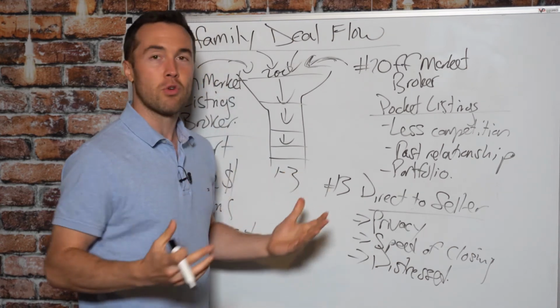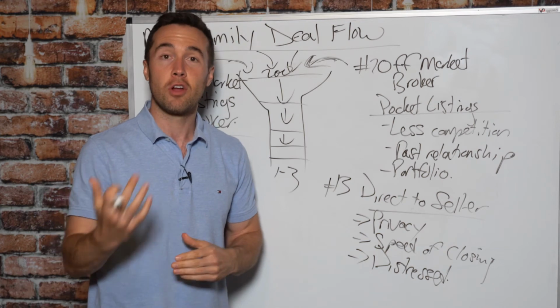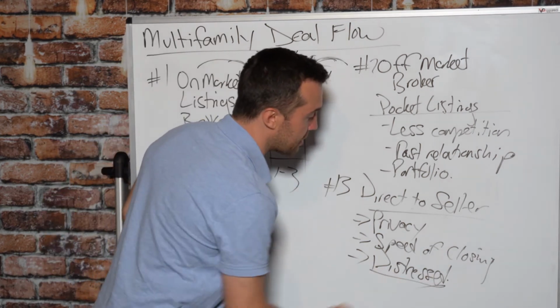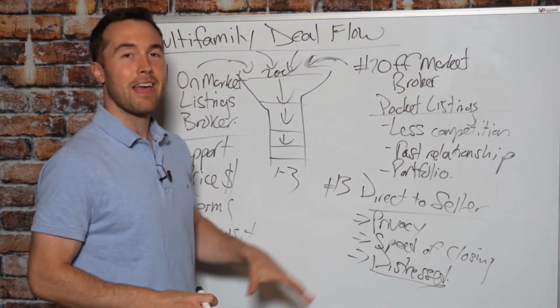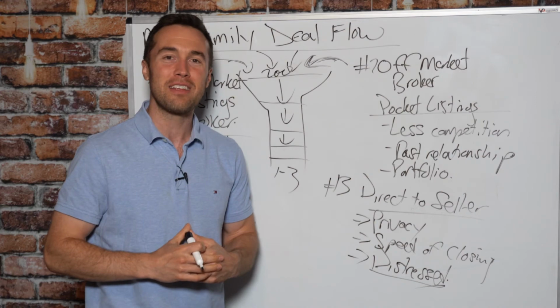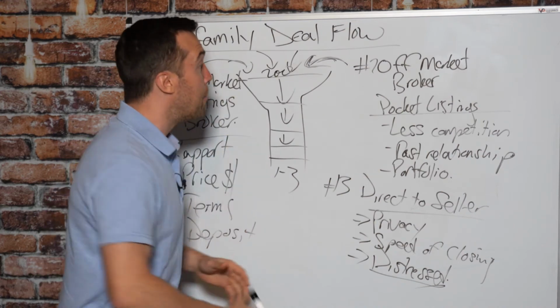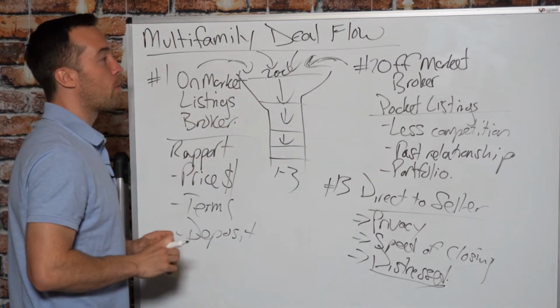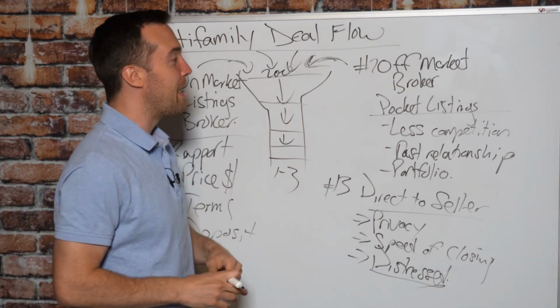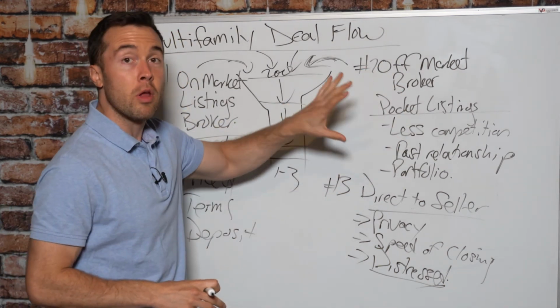Maybe there was a catastrophic event at the property, such as a large fire, and they're having insurance issues, all sorts of reasons. This would be a distressed seller situation, and in that case, that seller wants to exit the deal. If you're in contact with the seller at the right time, you guys can get a deal done and bypass the listing process with the broker, as well as a broker getting a hold of the listing, even though it's in their back pocket, and shopping it around to their own personal network.